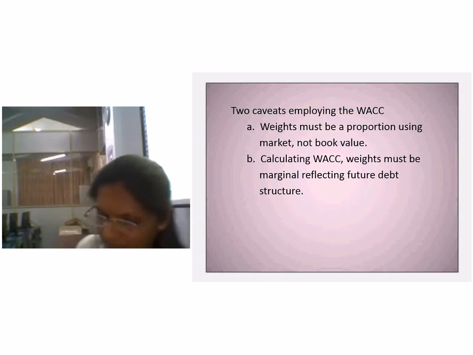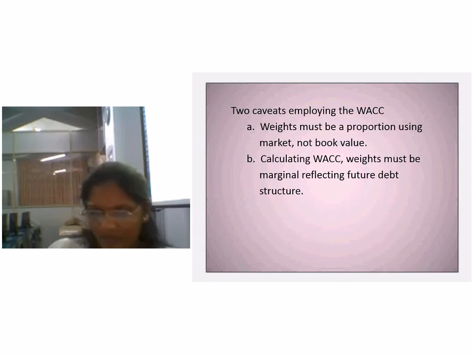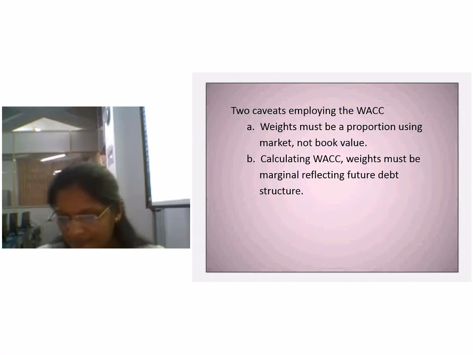Right. When we calculate the WACC, like in the previous domestic firms, we have to consider the weights, right? Always we have to consider the market value, not the book value.